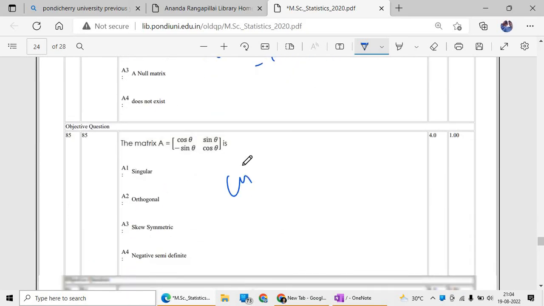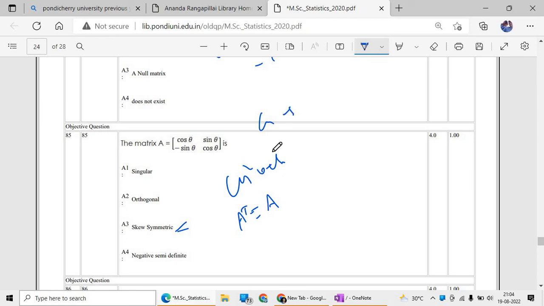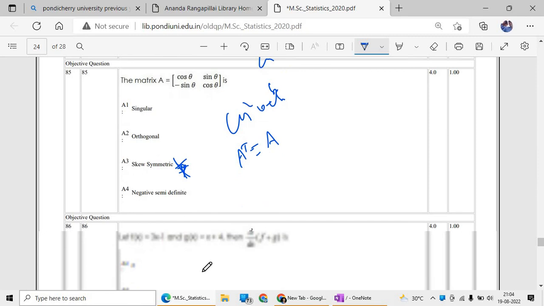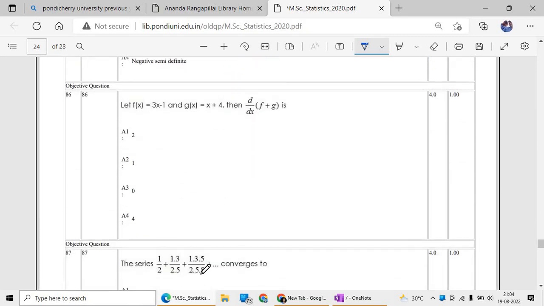Matrix A with cos squared theta plus sin squared theta. It is a non-singular matrix, but is it skew symmetric? Yes, it is skew symmetric: A transpose equal to minus A. With cos theta, no, this is not skew symmetric. You can cross check by just applying the definition.